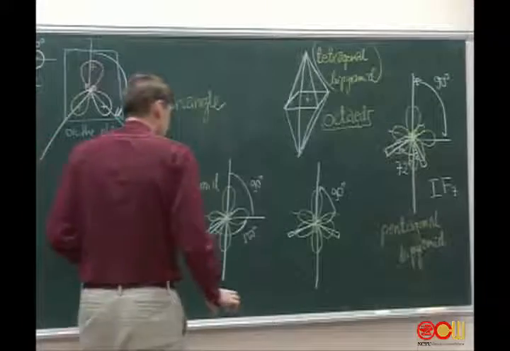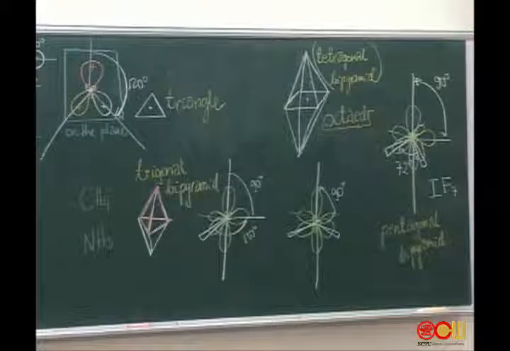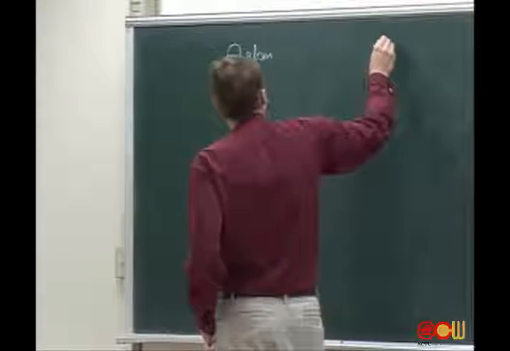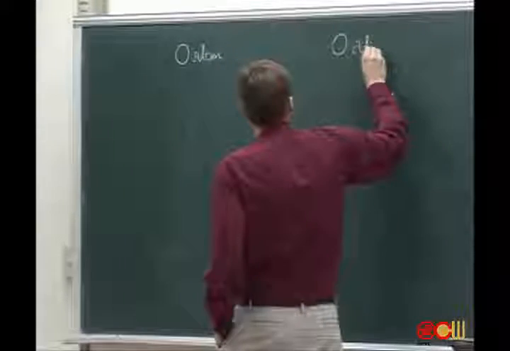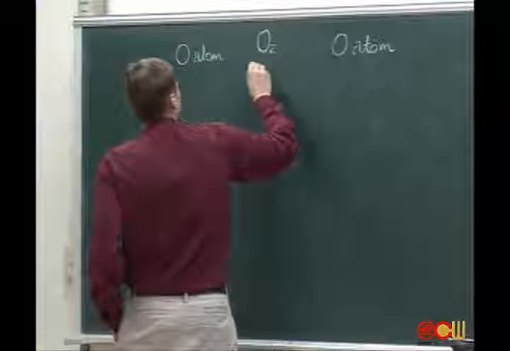How do we write the energy diagram? You remember before we were defining that when we have, for example, an oxygen atom and another oxygen atom, you can make that O2 molecule.